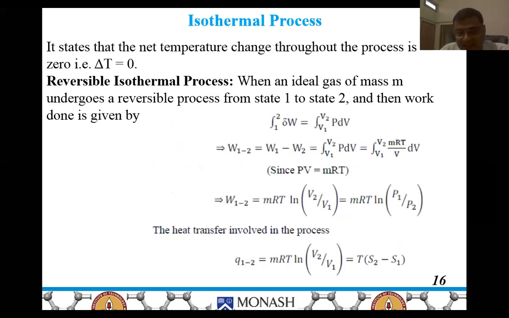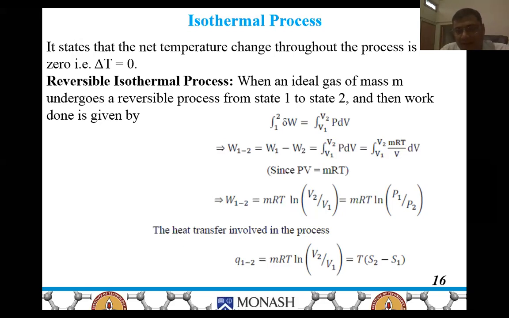Now we are discussing the isothermal process, which states that the net temperature change throughout the process is zero. So for an isothermal process, delta T will be equal to 0. And for a reversible isothermal process, when an ideal gas is moving from state 1 to state 2, the work done, delta W, will be the integration of P dV from V1 to V2.